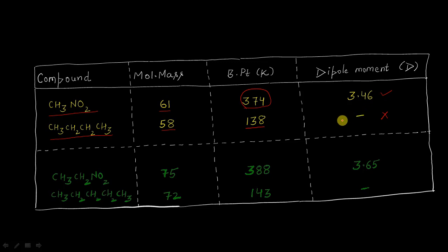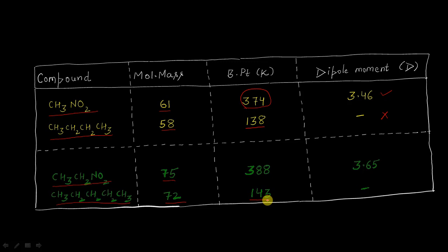On the other hand, the nitro compounds have high dipole moments, thereby exhibiting dipole-dipole type of interactions between their molecules. In the second example, you can see here, I have compared a molecule of nitroethane with a molecule of n-pentane because they have comparable molecular masses. And you can very well see the difference between their boiling points, where the hydrocarbon is having just 143 Kelvin of boiling point.